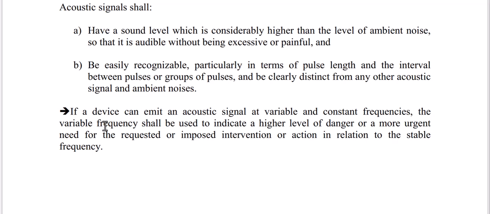So you must have an acoustic sign that is produced with a higher level of frequency compared to the environment, so that it can reach the person who is intended without being misinterpreted.